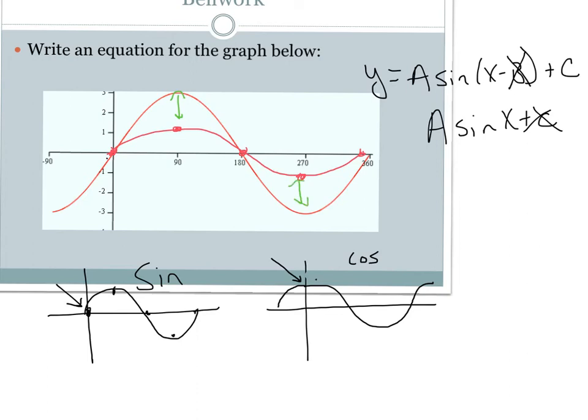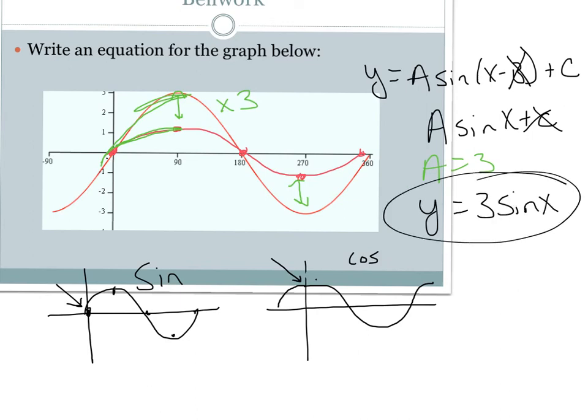Because traditionally sine is at 1, we're now stretched by 3. So a is going to equal 3, and I get y equals 3 sine of x. And that is my new function.